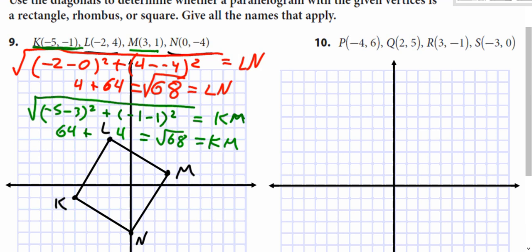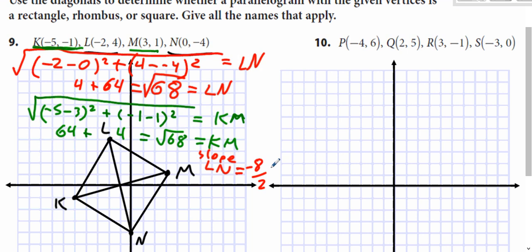So now we're going to check the slope of the diagonals. So the slope of LN goes down 8 and over 2.